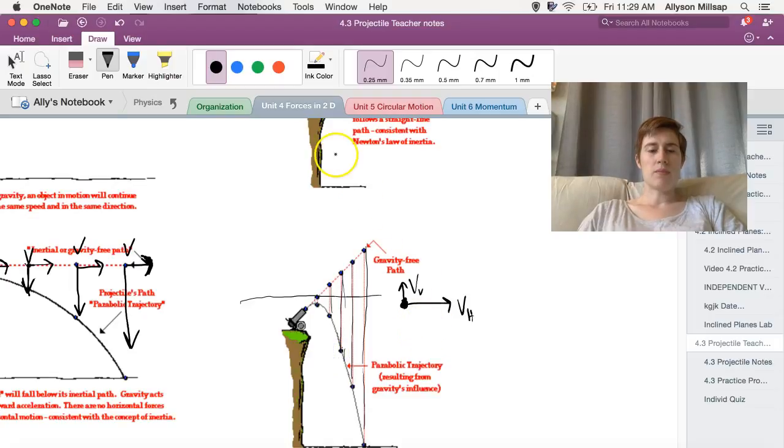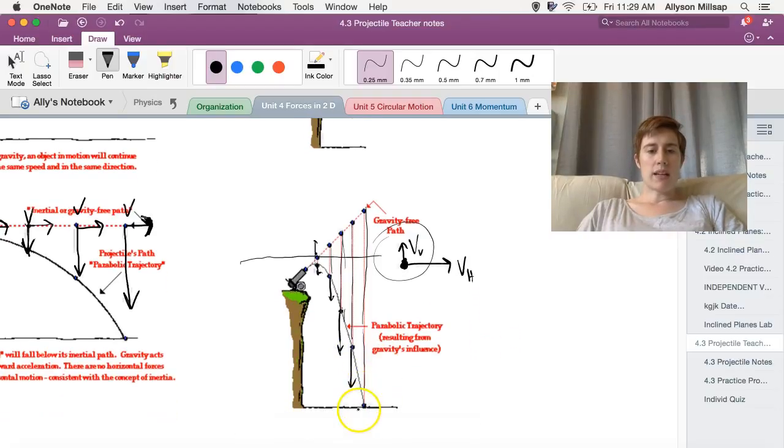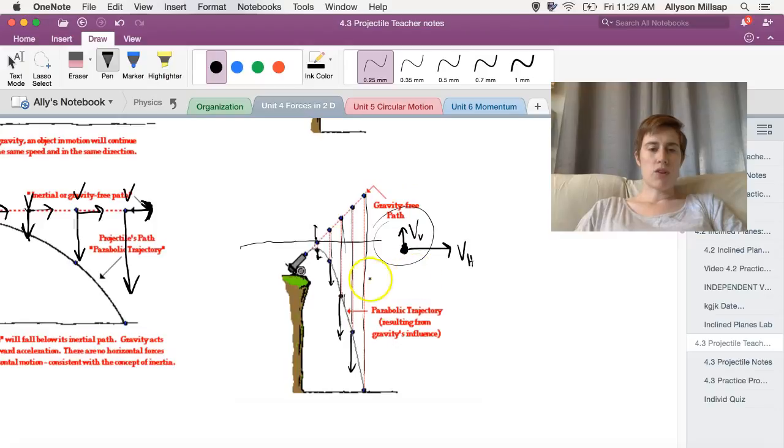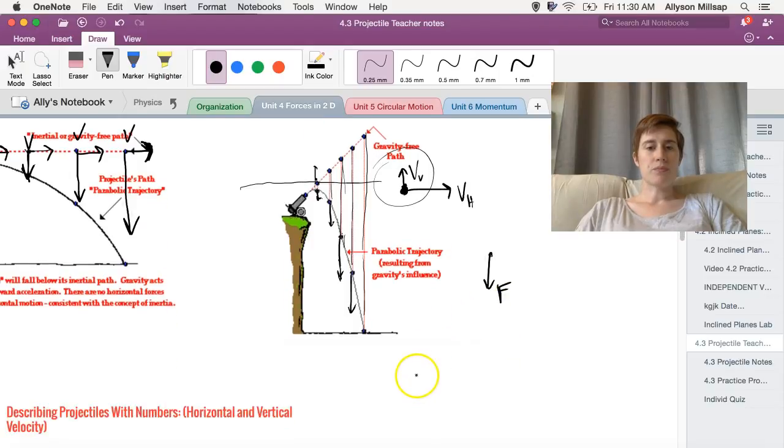It's not slowing down. But the speed vertically is being changed. It used to be going up, but now the speed is going down, greater and greater. So my vertical speed here is being affected because there's a vertical force.